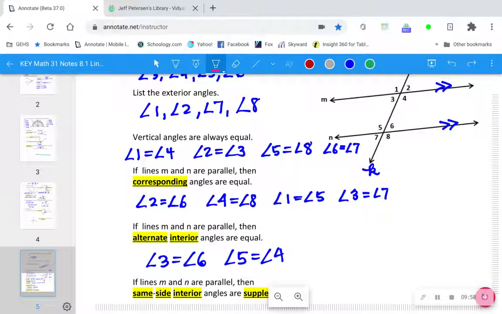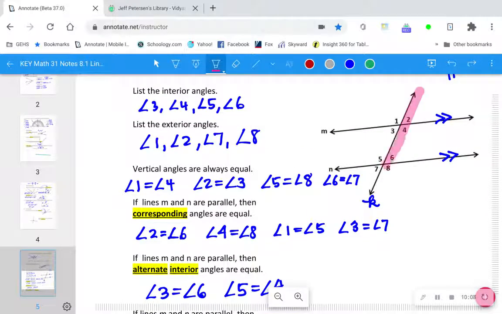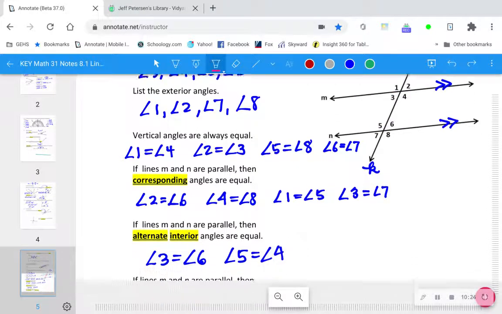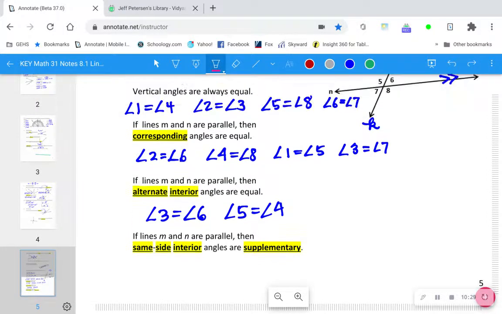So now I'm going to do same side interior. What that would be is I have to stay on the same side of this transversal. So I have to pick ones that are interior angles on either the left side of that line or the right side. Well, here are the 4 that we're dealing with. The ones that are on the same side are 3 and 5, or 4 and 6. These are not the same. They are supplementary.